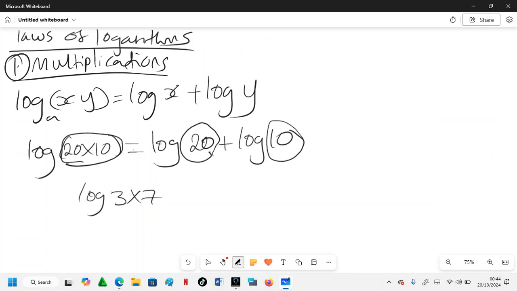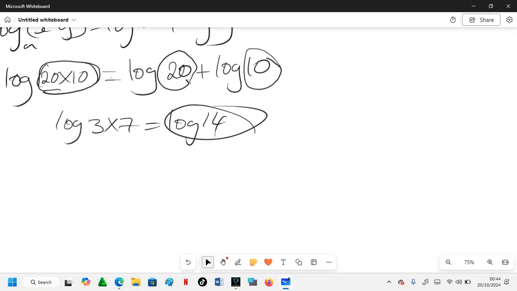If you go ahead and say this is the log of 14, you may not find it in the tables.